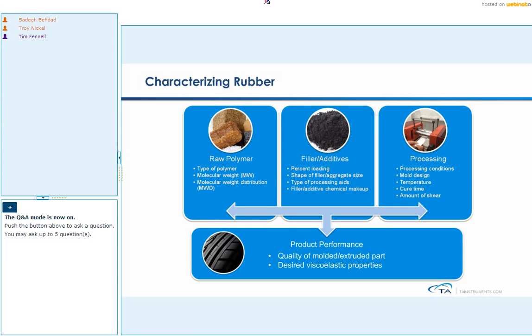Then there are various ways you can introduce these into the rubber and either mold them or extrude them, play with your cure time. And in the end, you get a molded or extruded part. And what matters most is that do you get the viscoelastic properties that you were looking for or you didn't?